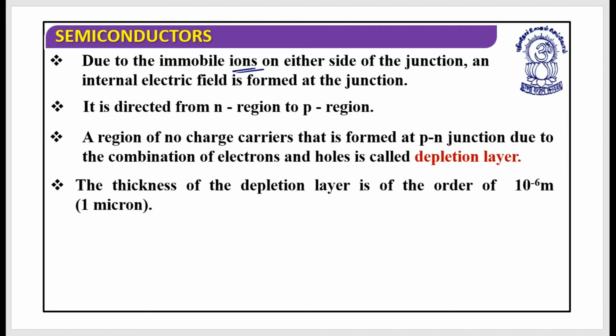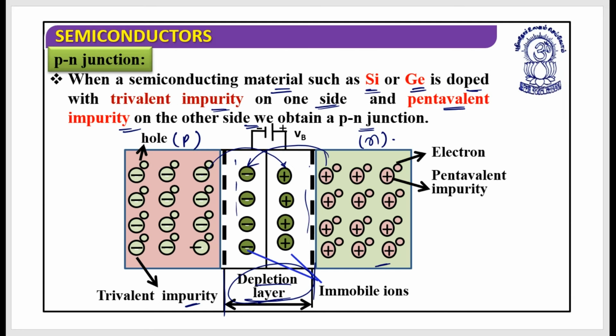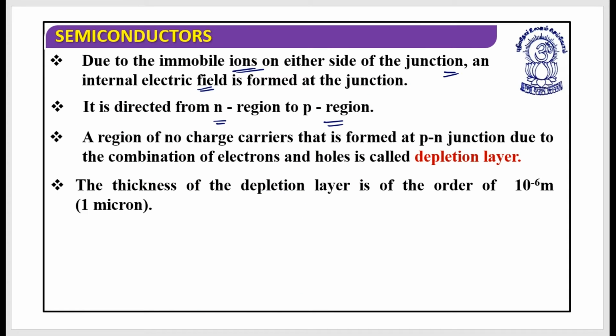Due to these immobile ions on either side of the junction, an internal electric field is formed at the junction, and it is directed from the n region to the p region, because these are the positive ions and these are the negative ions. The direction of the electric field is always from positive ion to negative ion, so it should look like this, from the n region to the p region.